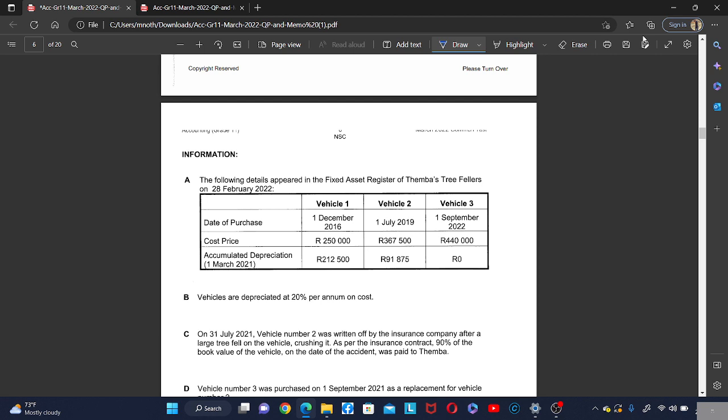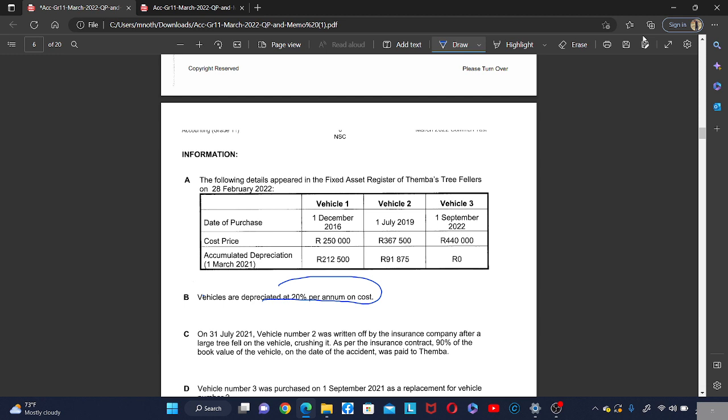The following details appeared in the fixed asset register of Timber Trees Fellers on 28 February 2022. You are told that the vehicles depreciate 20% per annum on cost.